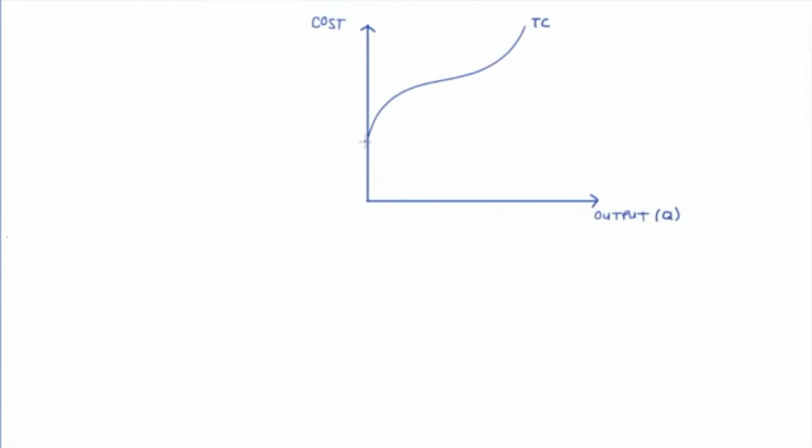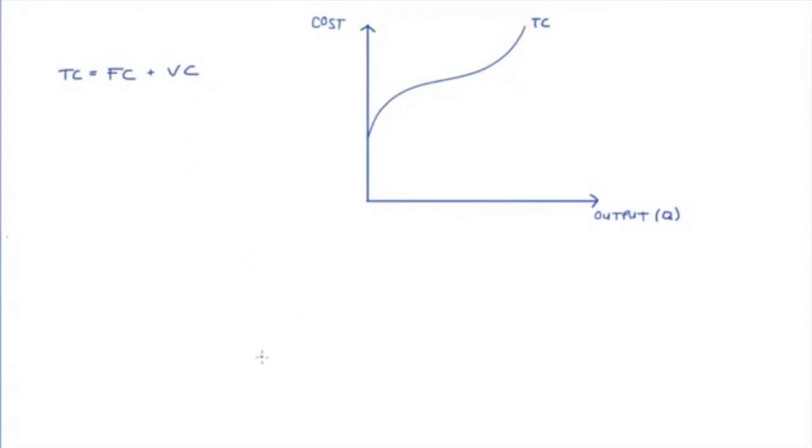As production increases, your cost increases, but as time goes by, you'll be making enough profit in a way that your cost will decrease. But then the more you produce without increasing, for example, some of your inputs, your cost will therefore increase. So total cost is made of fixed cost and variable cost.